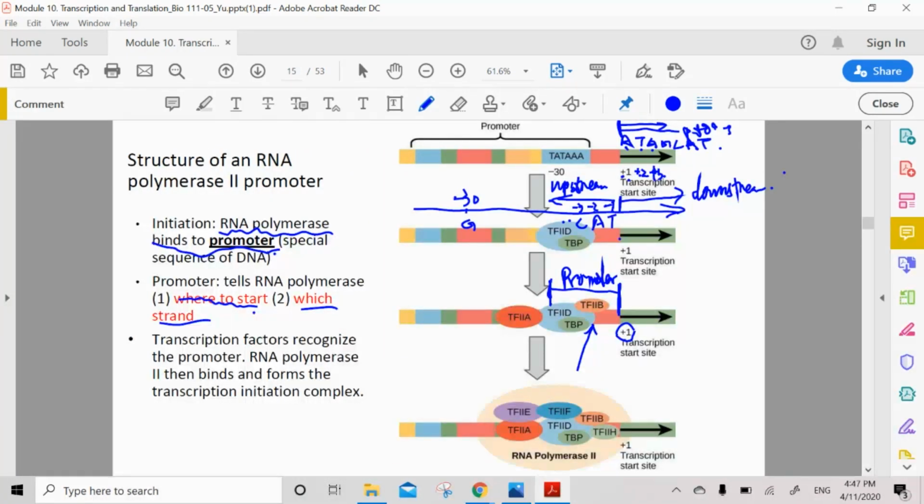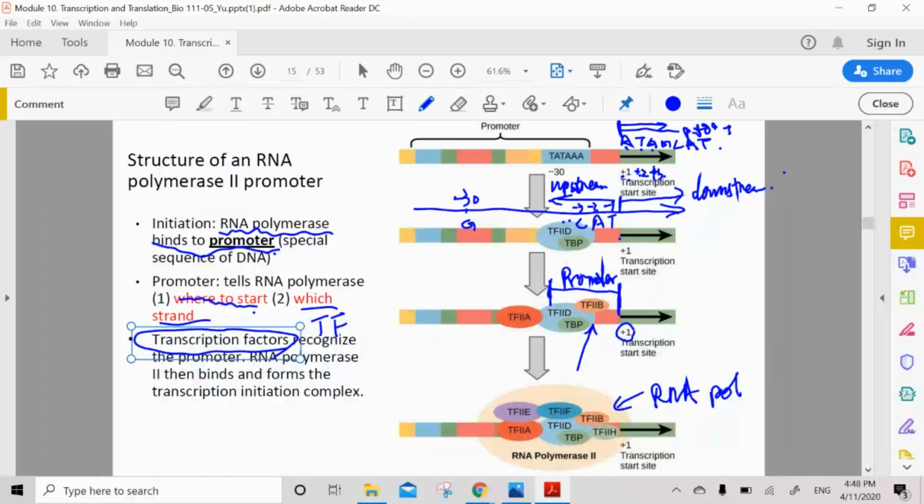Over here, this picture also shows some transcription factors. Usually we use TF to represent transcription factors. The transcription factors recognize the promoter region, and then these transcription factors will recruit the RNA polymerase to bind to the promoter region.